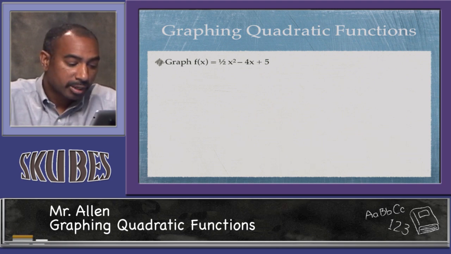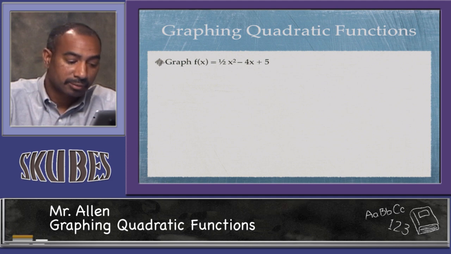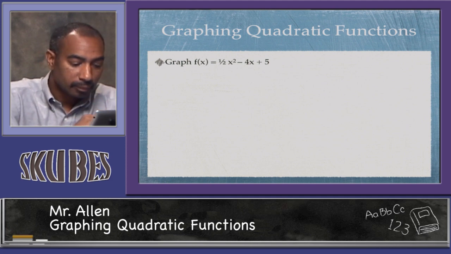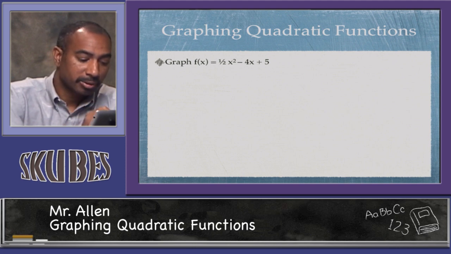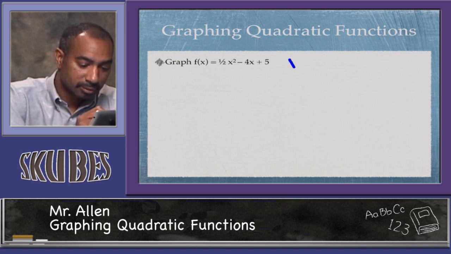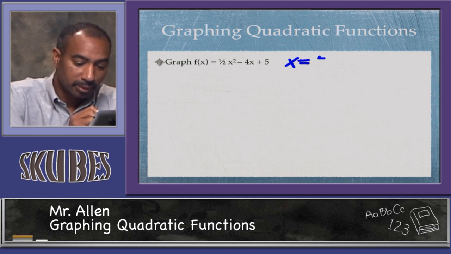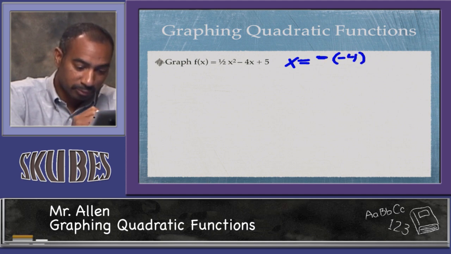All right, graph f of x equals 1/2 x squared minus 4x plus 5. Okay, same thing. We're going to get the axis of symmetry. So x equals negative b. But now be careful, b is -4, so I put -4 here, but this minus is part of the formula.